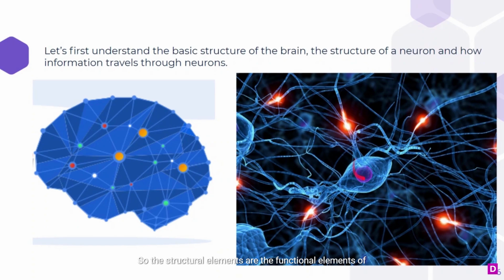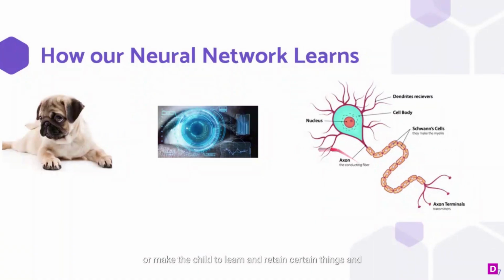The structural and functional elements of the brain, the neurons, are responsible for making the child learn and retain certain things and help the child to identify things. So let's take an example of how a neural network learns, or rather how a child learns to identify certain things.